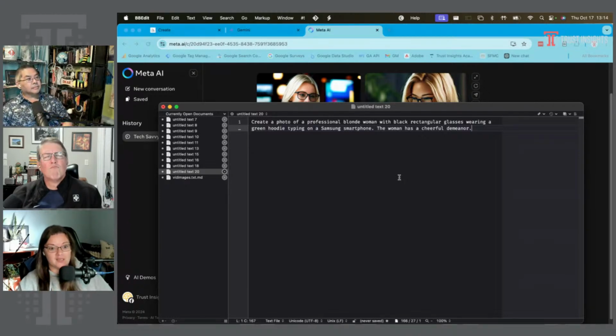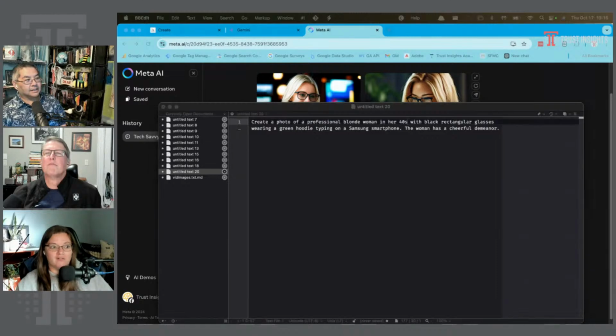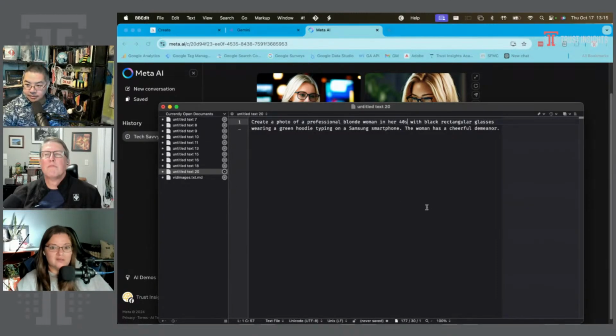So maybe it's, create a photo of a professional blonde woman in her 40s. All of these images skew really young, which is flattering, but let's be realistic about this. So a blonde in her 40s, of average build, so that it doesn't look like I'm emaciated, with black rectangular glasses, that's fine.